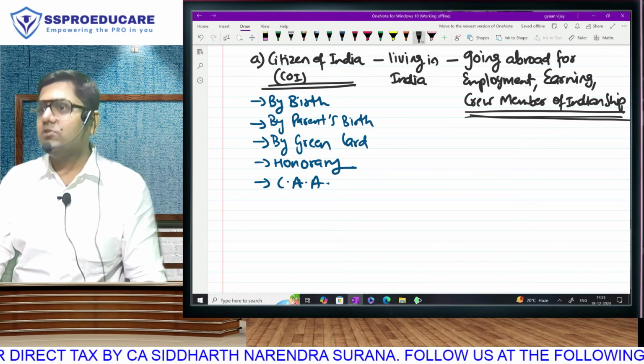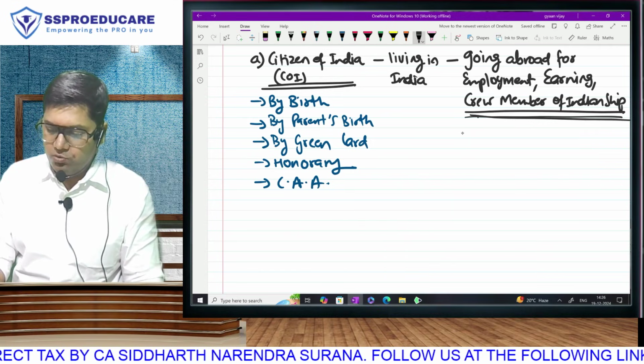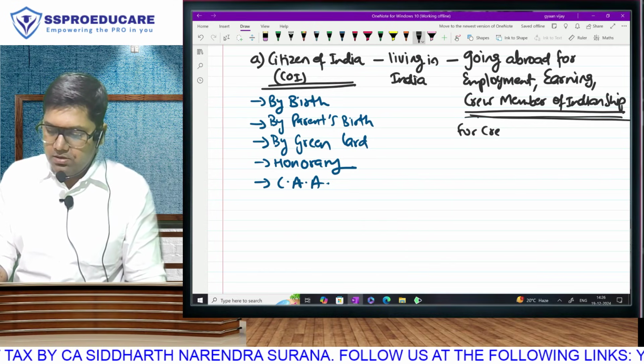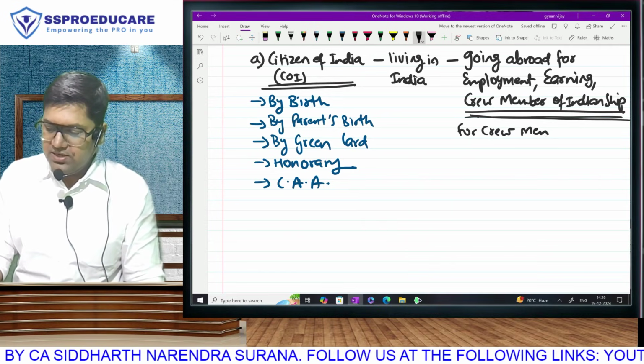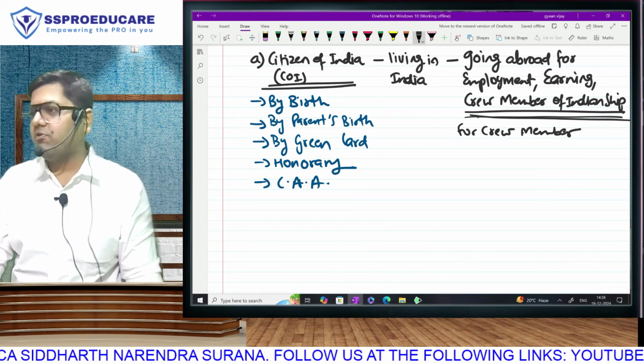So for them, there was a circular which said for crew member. Means this circular is applicable only to crew member of Indian ship.